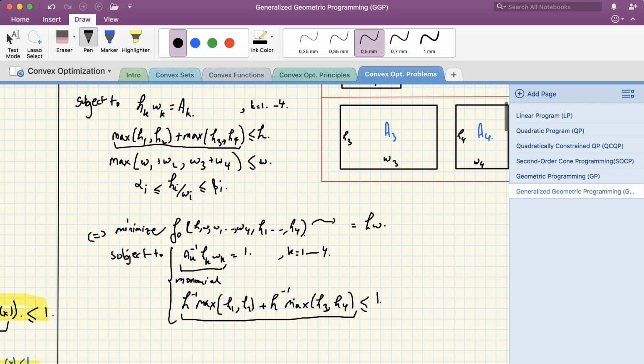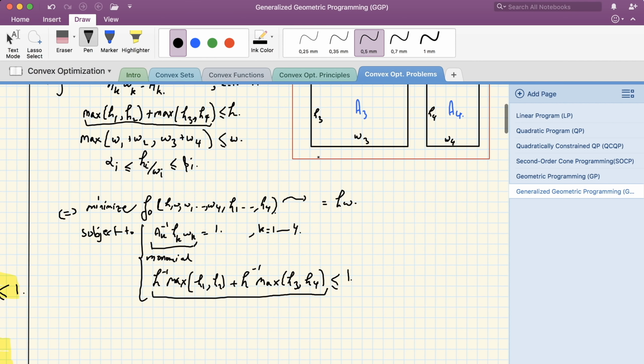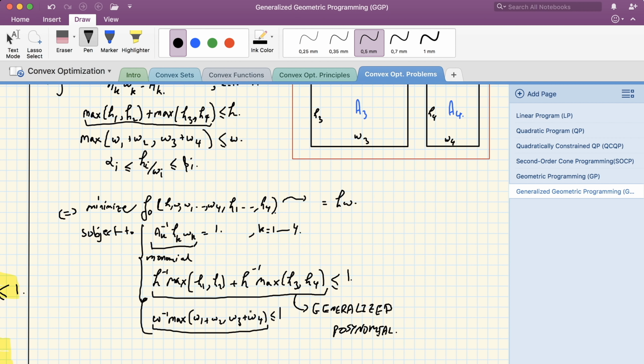Why? This is a polynomial. We multiplied it by a polynomial, H minus 1. Then we added it to another generalized polynomial. And we know that generalized polynomials are closed under addition. So this guy right here is a generalized polynomial. And with a similar manipulation you get, and this guy holding a similar argument is also a generalized polynomial.